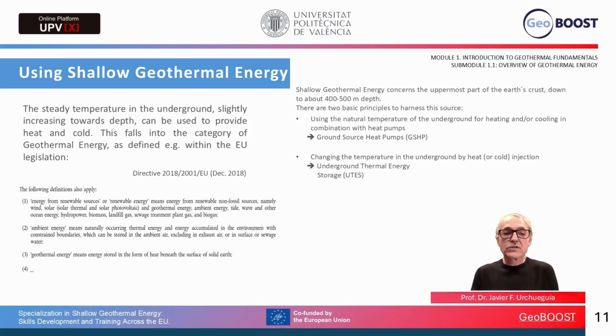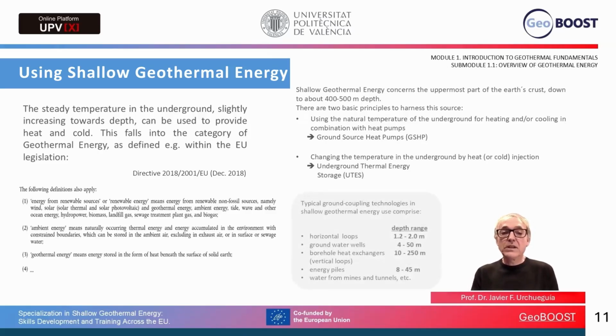Here, we also see a range of systems, from the horizontal loops, which means systems at a very shallow depth, 2-3 meters, to the so-called groundwater wells, where we can extract water from the underground to be coupled to the heat pumps, which typically range up to 50 meters.